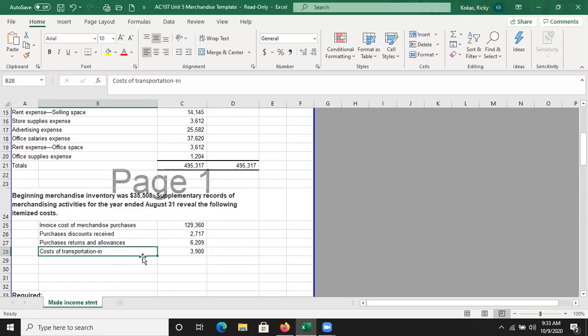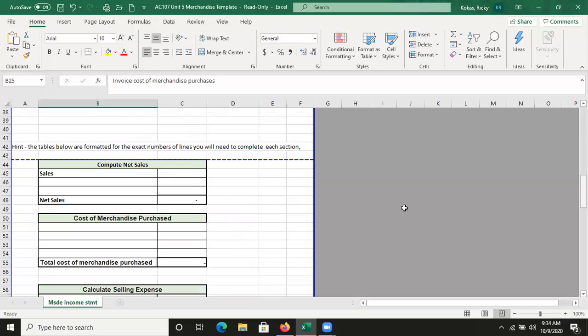Whenever you pay as a business owner for the shipping of merchandise to your company, you actually add it to the total cost of your merchandise. So you start with the invoiced cost of merchandise purchased, subtract your purchase discounts and purchase returns and allowances, add your cost of transportation in, and that gives you your total cost of merchandise purchased.